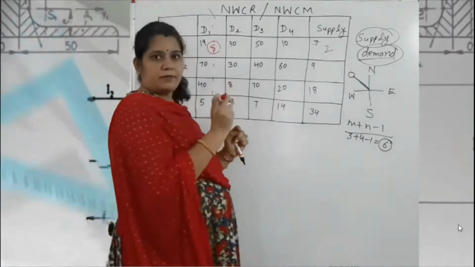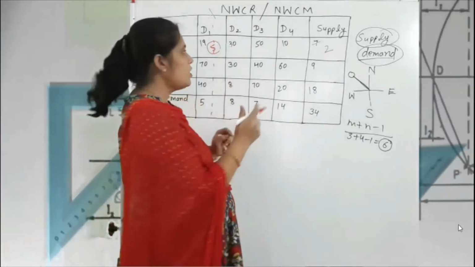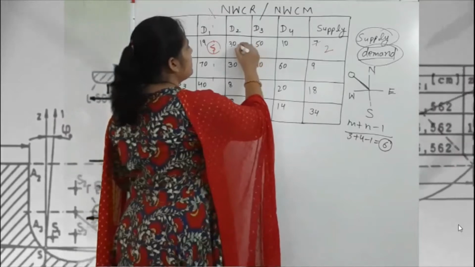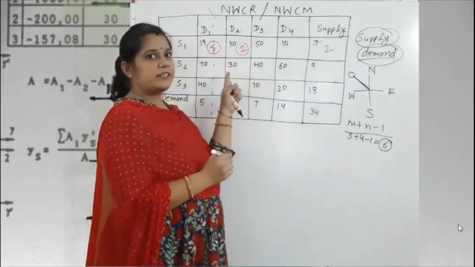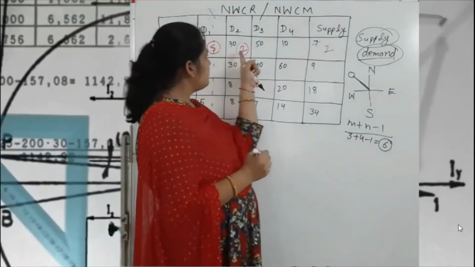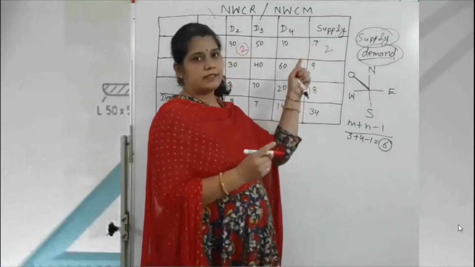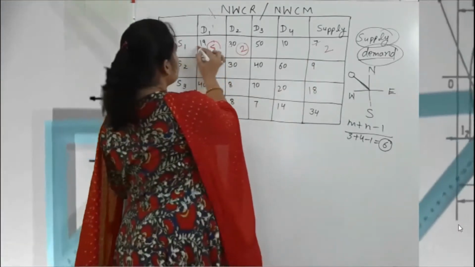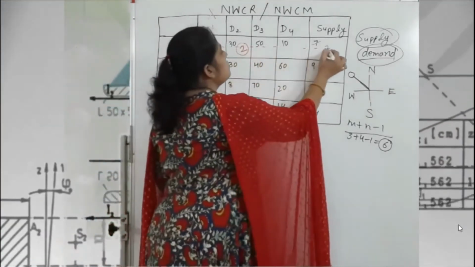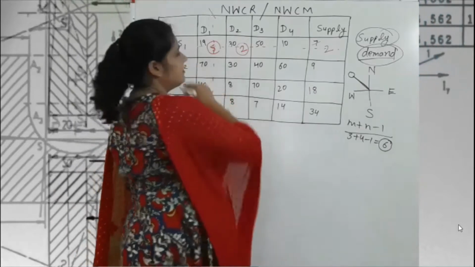So what is the minimum number? Minimum number is 2. So we put the value 2 here. If we put 2 here, 5 plus 2 is 7 and the supply is already 7. That means this row is cancelled.